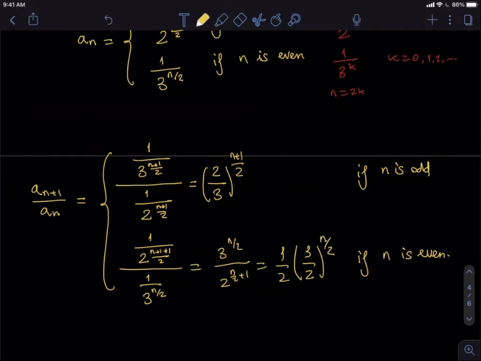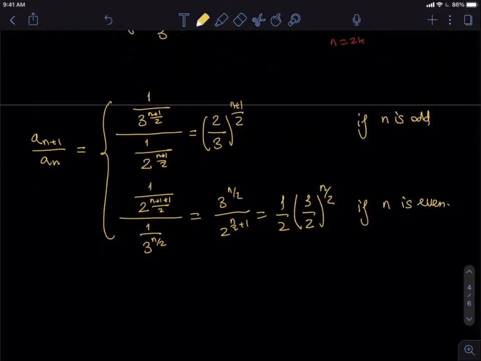Okay, so now that we have this computed, we can think about what is the limit, or what is the lim sup. Now, looking at this, what do you think? Is there going to be a limit or not? I see two very different subsequences here.